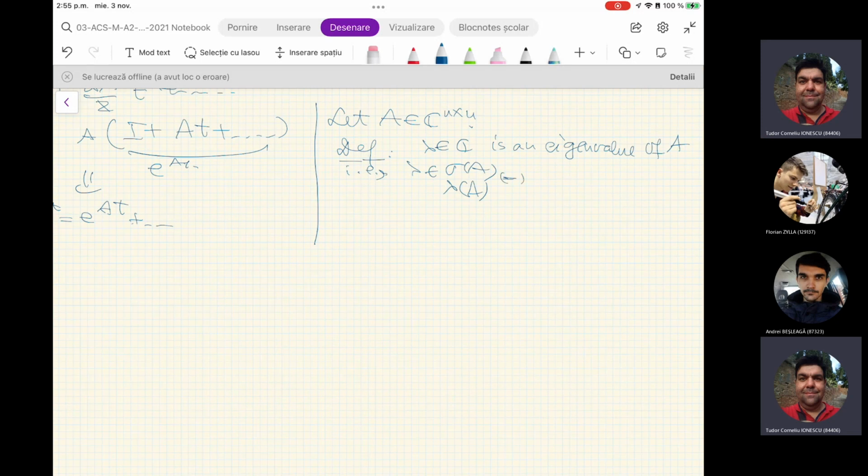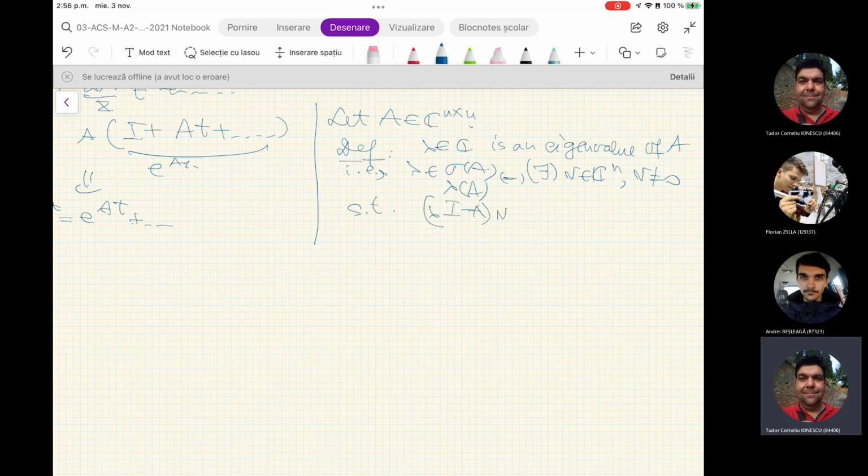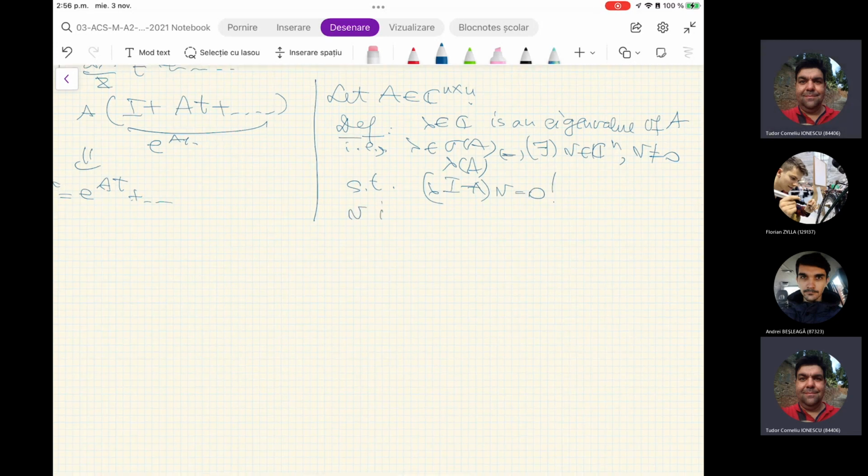If and only if there exists v in C^n, v non-zero, such that (lambda I minus A)v equals 0. v is called the eigenvector associated with the eigenvalue lambda. Okay?